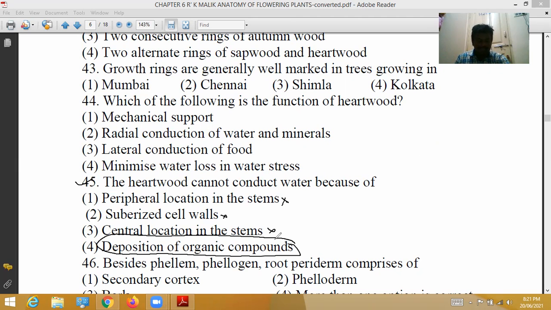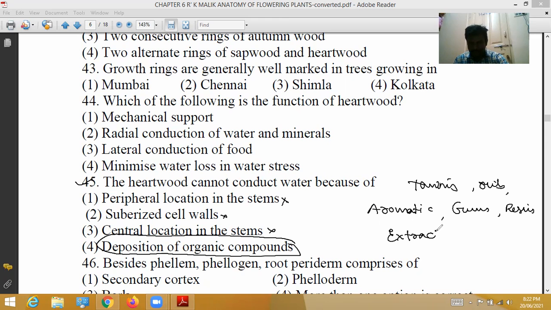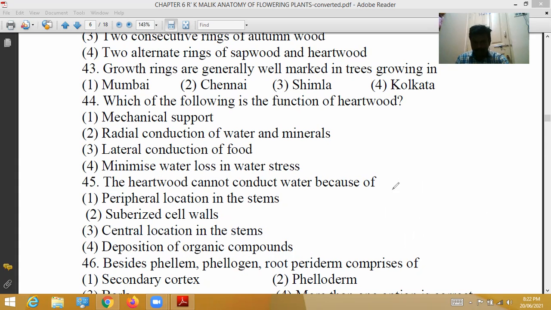It is blocked with dark staining organic compounds like tannins, oils, aromatic compounds, gums, resins, and other colored materials, all collectively called extractives. So for the 45th question, the correct option is 4.